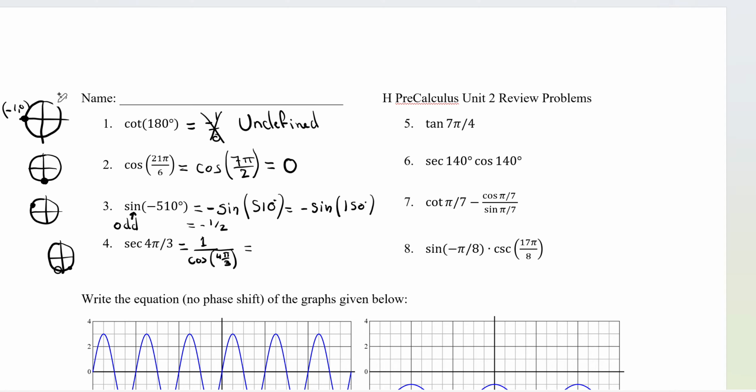No, right there. Sorry, that will be right there. Right here. And so this will be on the negative side of the cosine. So a -1/2 right there for the cosine portion of it. And so that will be 1 over -1/2, which when you multiply by the multiplicative inverse will give you a -2.